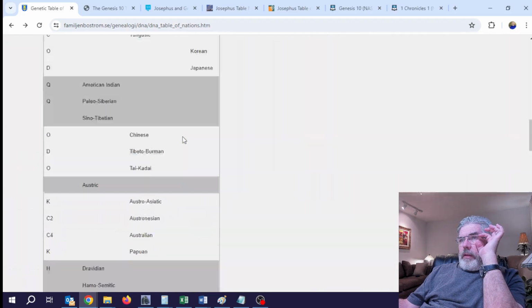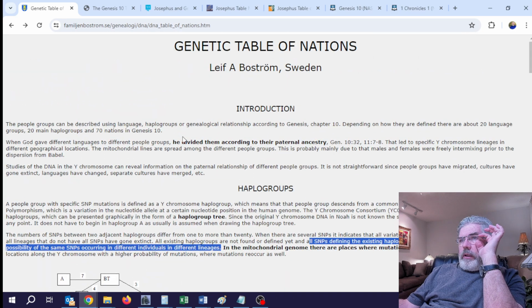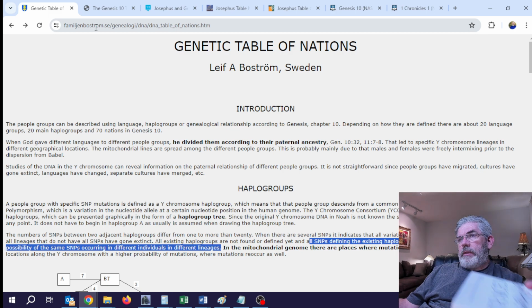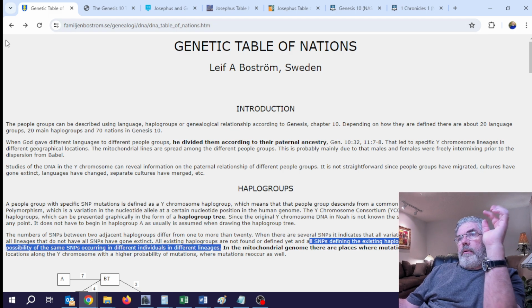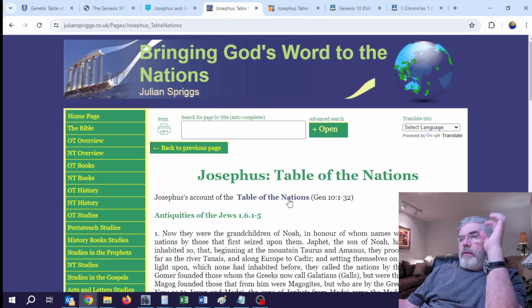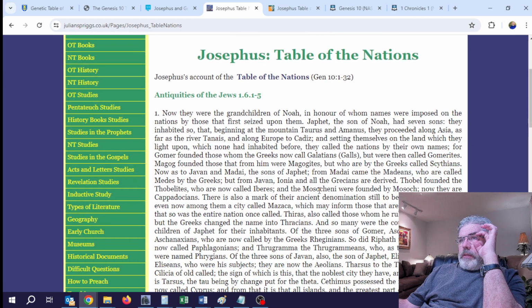And then all of this was done like a decade ago or so, or more. And then this is, I would say, the latest. So I would look at this next and kind of put them all together. And then you can overlap it with history. So Josephus, the great historian who wrote the Antiquities of the Jews, he wrote commentary on Genesis 10.